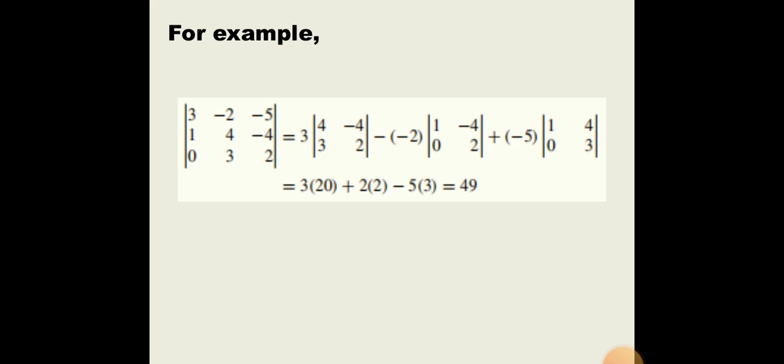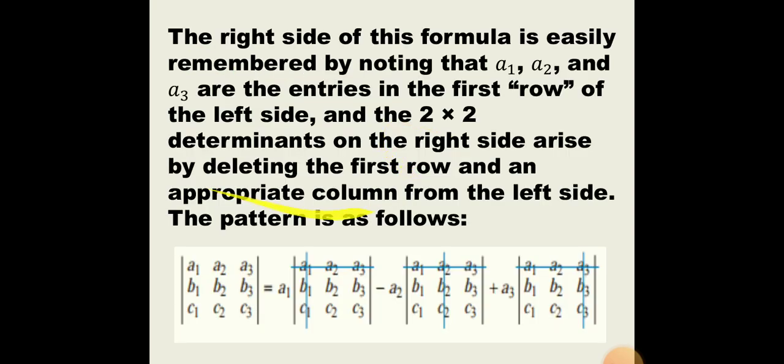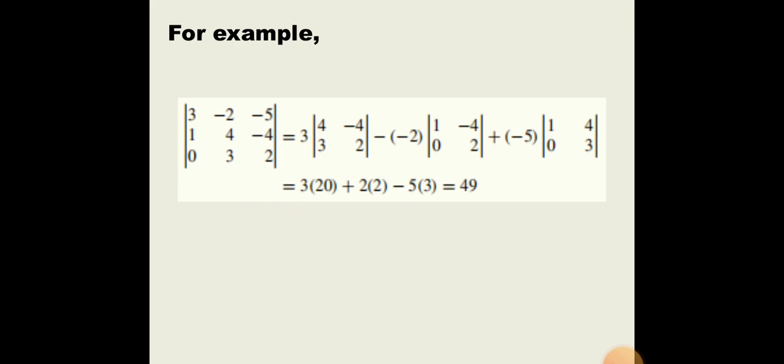Now, subtracted from that is the value for our a sub 2, which is negative 2. We have to cross like a T in order for us to determine the value for our a sub 2.